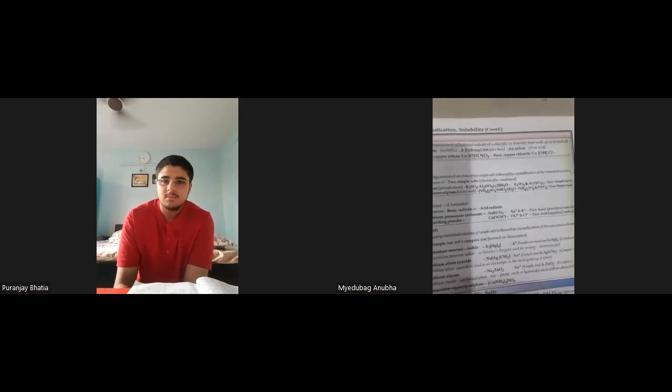Similarly, basic copper chloride: the hydroxyl ion replaces the ions of an acid. This is the product form, and you won't find any hydrogen ion in this case. You might ask where the hydrogen ion is in the formula; that has been replaced.